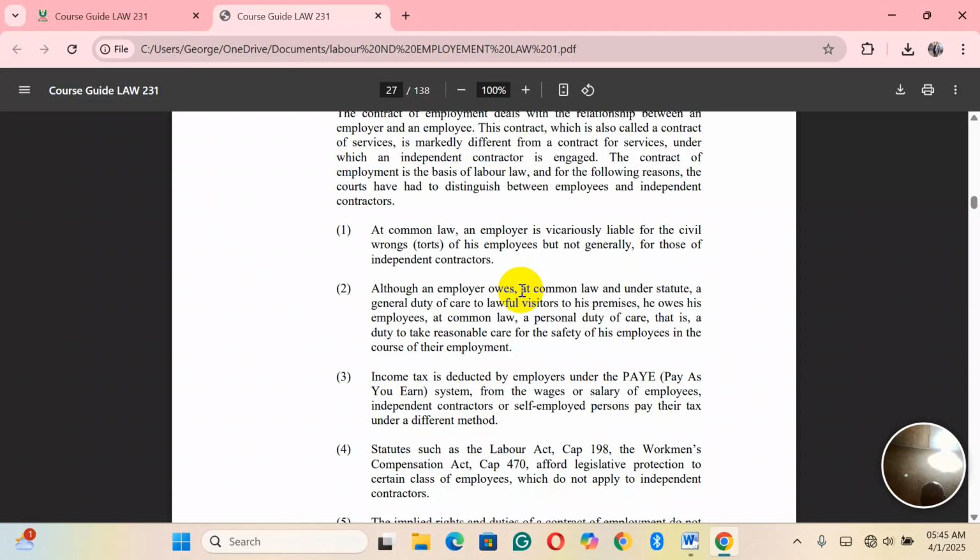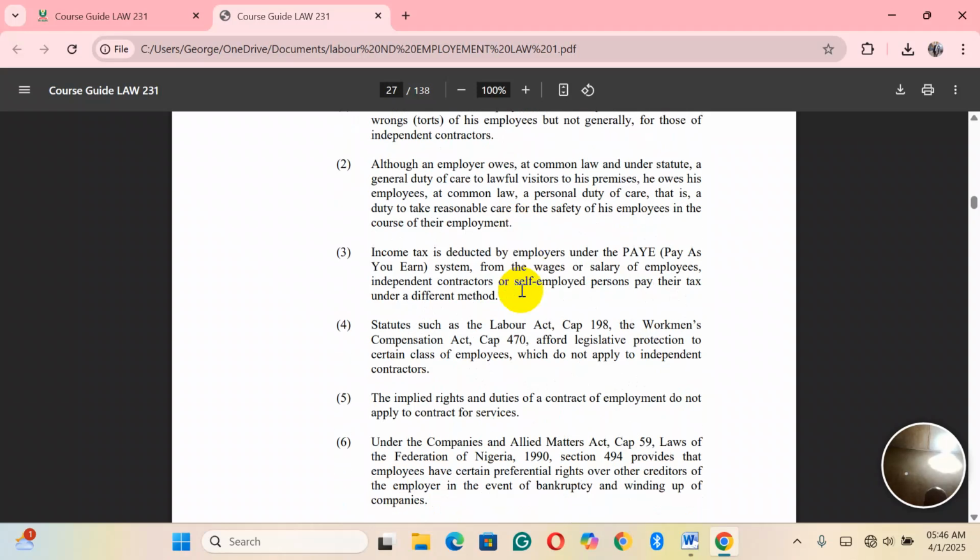Four, statutes such as the Labour Act Cap 198 and the Workmen's Compensation Act Cap 470 afford legislative protection to certain classes of employees, which do not apply to independent contractors.